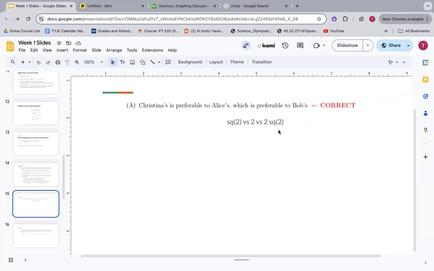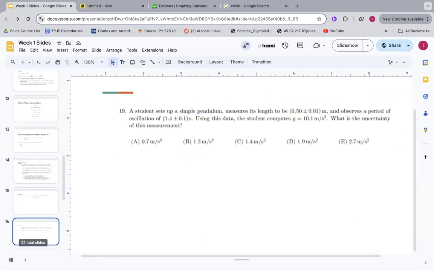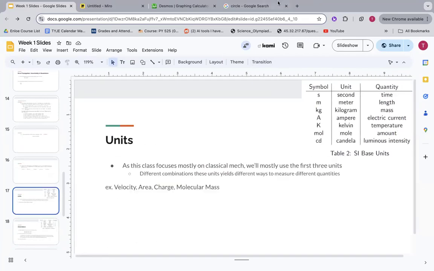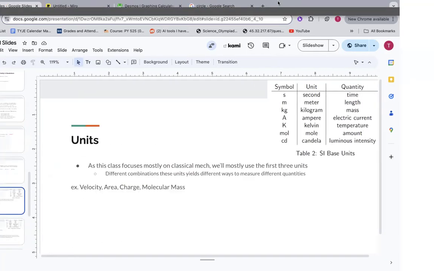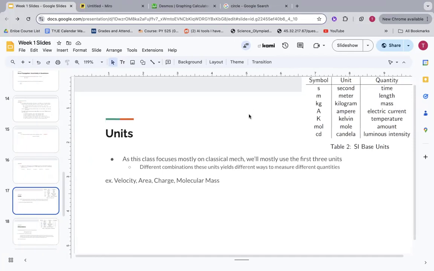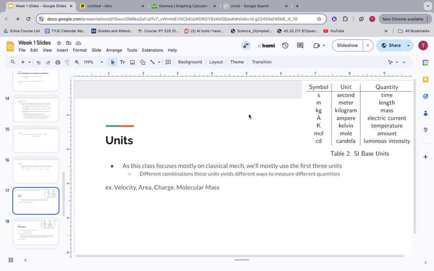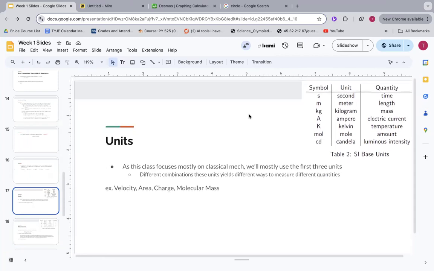Okay. So yeah, this is basically what's happening here. Sorry, we're running out of time, so I'm trying to get to units and dimensions. So, units, we have to have a method to measure stuff, right? So we use seconds for time, meters for length.